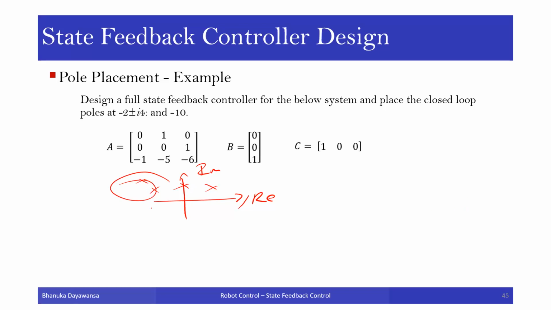Sometimes complete stability might not be exactly what we want, so we might place two imaginary poles, and maybe one over here on the negative part of the real axis, and we eliminate these parts. So pole placement is something that we want to do.